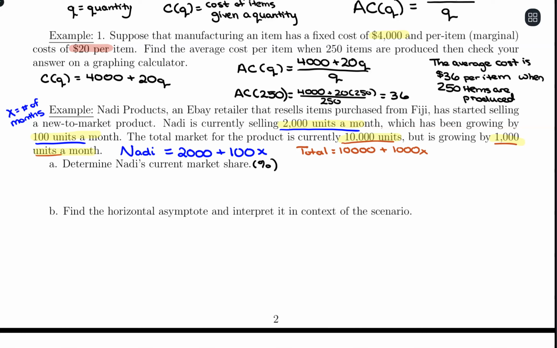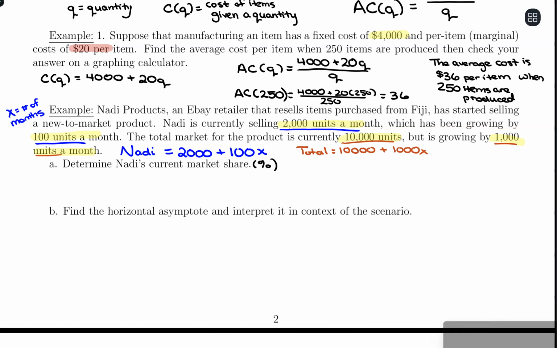So if you think in terms of products out there, like smartphones, we have all these different options. We have Apple, we have Samsung, we have Google, all sorts of different phones. And there's a certain level of demand in the total market. So out of everyone, there's this demand for phones. So what we could do is think about how many units are absolutely needed, and then how is it changing? How are more people getting phones?